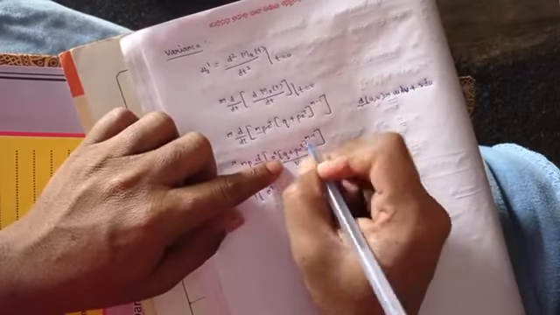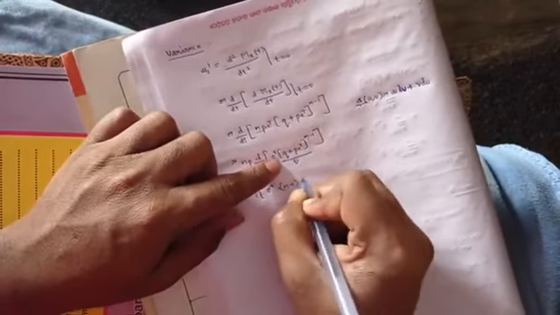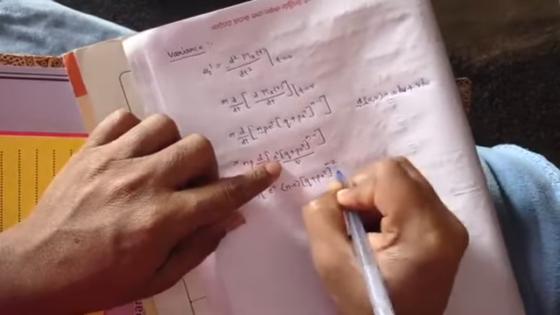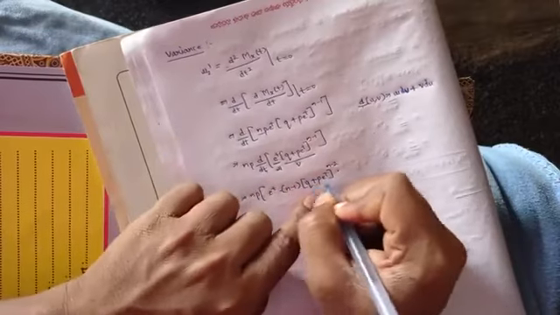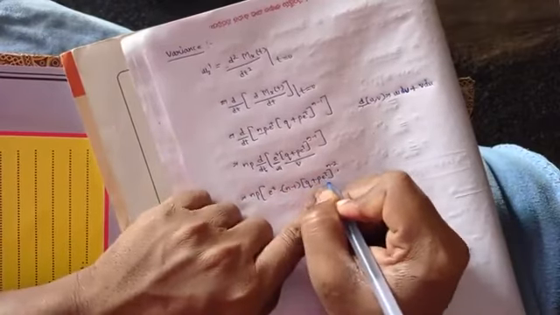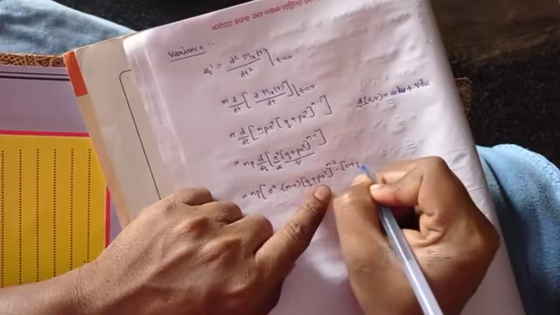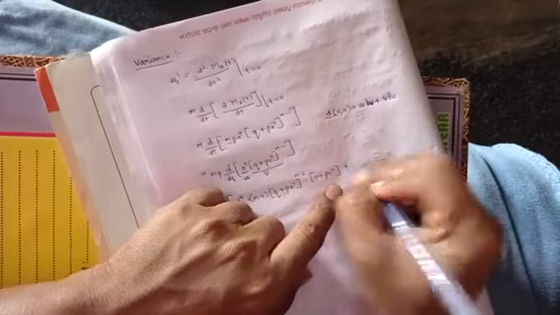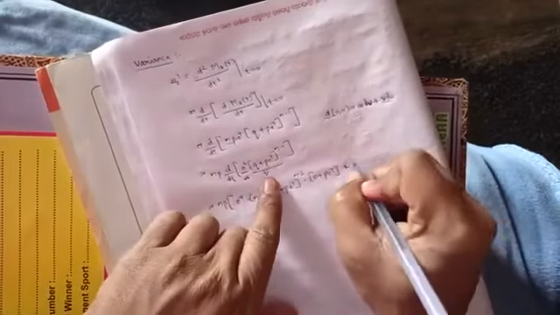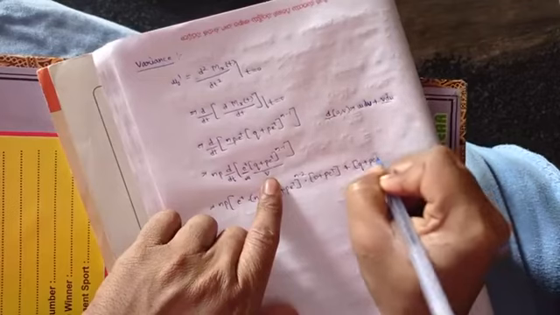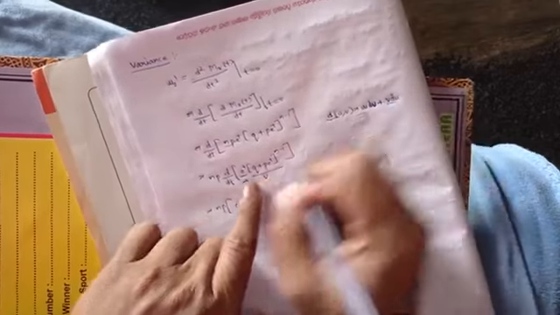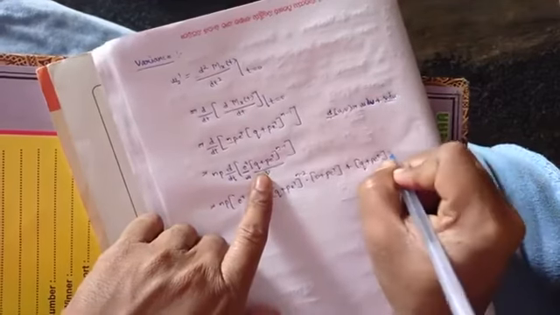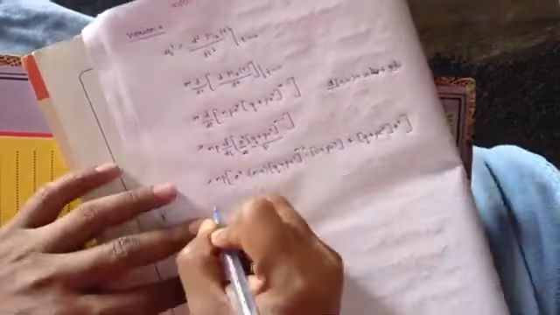Differentiation of the v term is n minus 1 coming down, into (q plus p e power t) power n minus 2, and we have to differentiate inside also: q is 0, and we get p e power t. So one term is completed. Let us move to the other term, that is v du. V is nothing but q plus p e power t. What is du? It is the differentiation of e power t, which is e power t itself. So this is the equation we got.